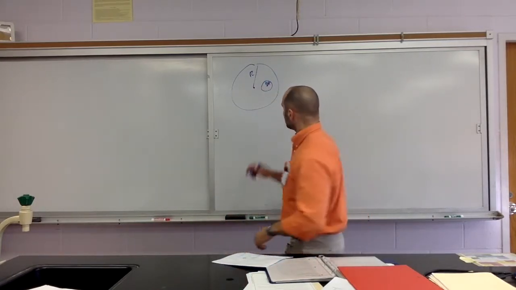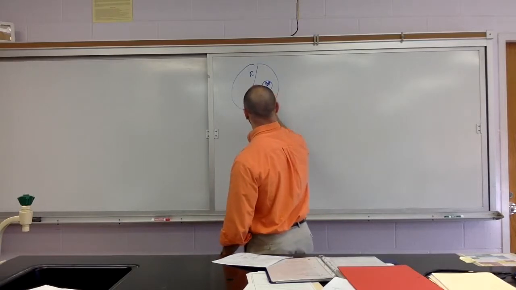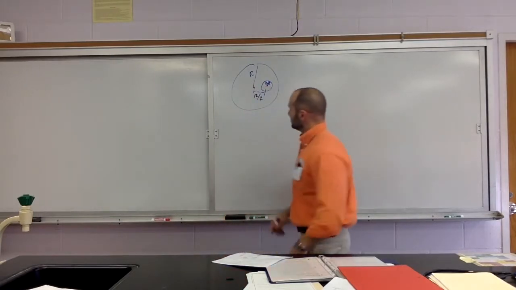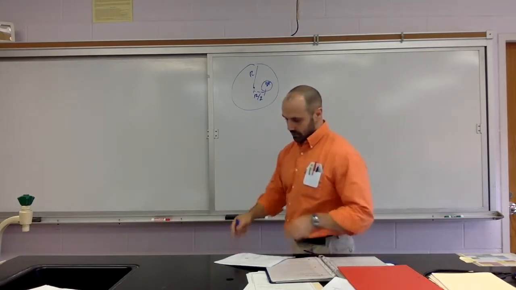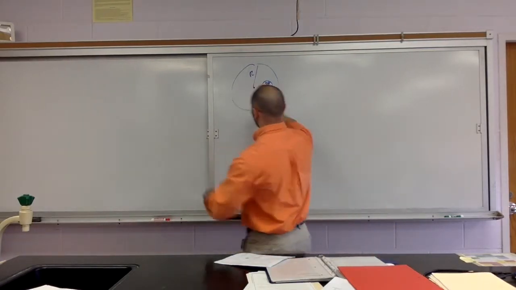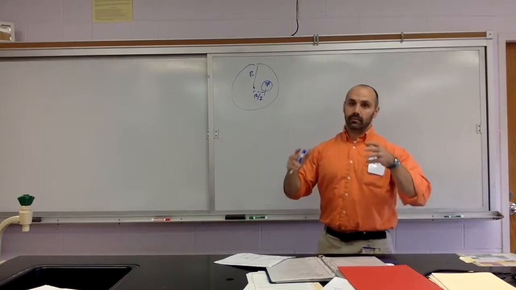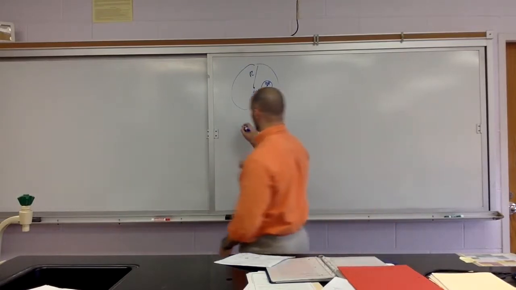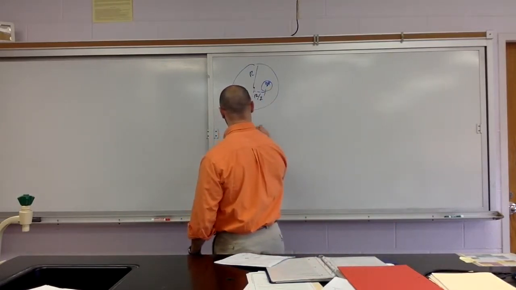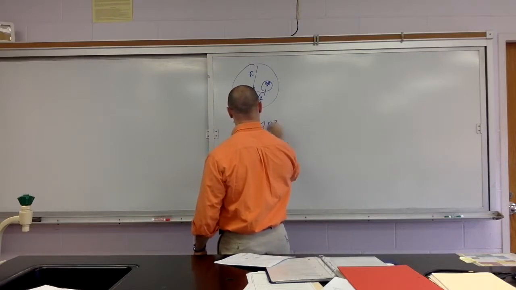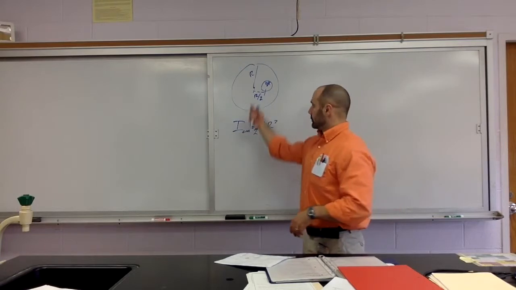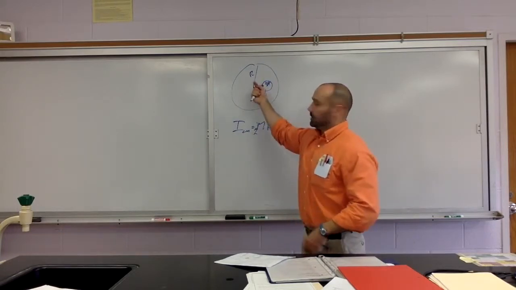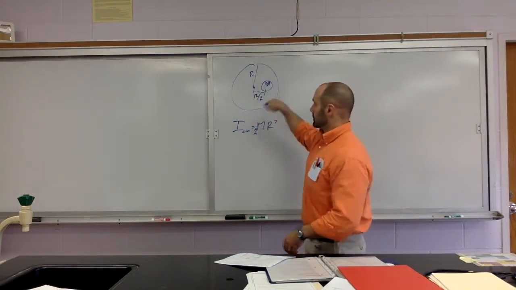And from here to here is R over 2. Okay. And so we're going to do I total, the whole disk. The disk without the hole would be I center of mass equals 1/2 mr squared. That's through this axis, perpendicular to the surface and through the center.